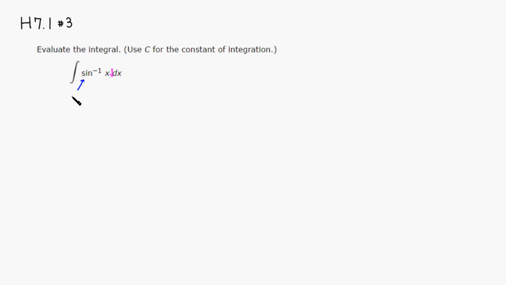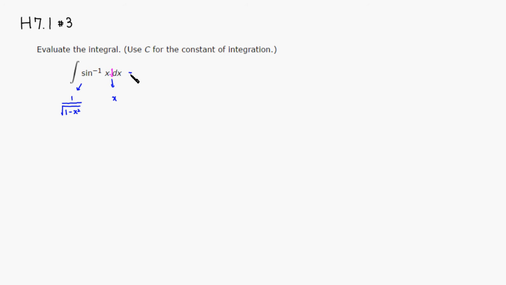We get the arc sine, 1 over square root of 1 minus x squared, right? And if you take the antiderivative of 1, you get x, right?